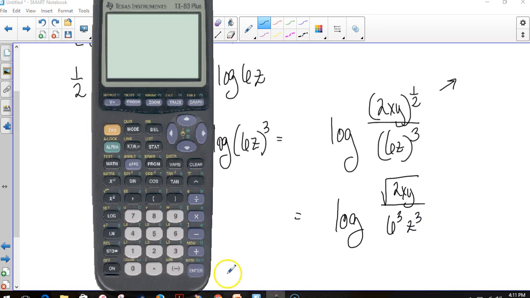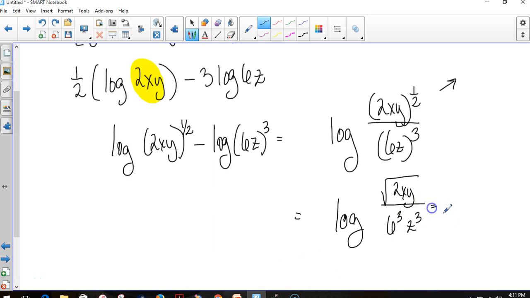And 6 cubed is 216. And so I can say log square root of 2xy over 216z cubed. And that's going to be the most simplified form.